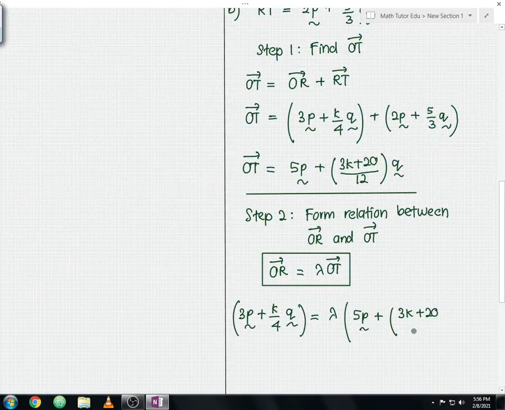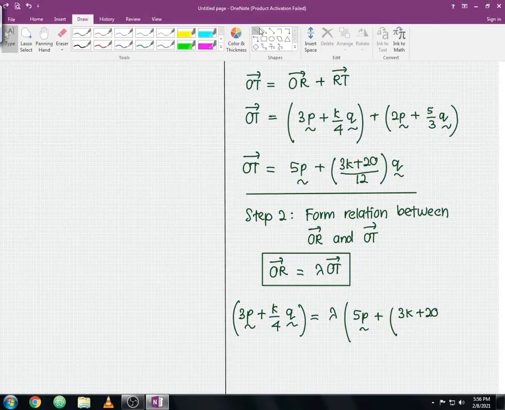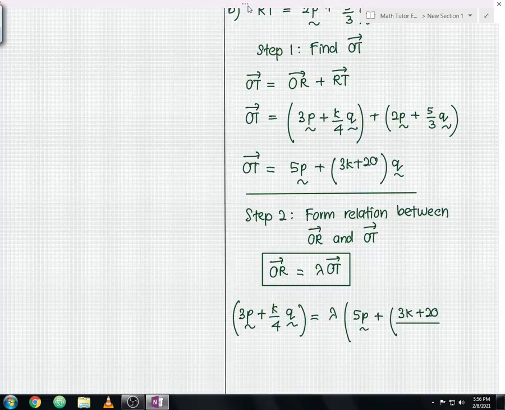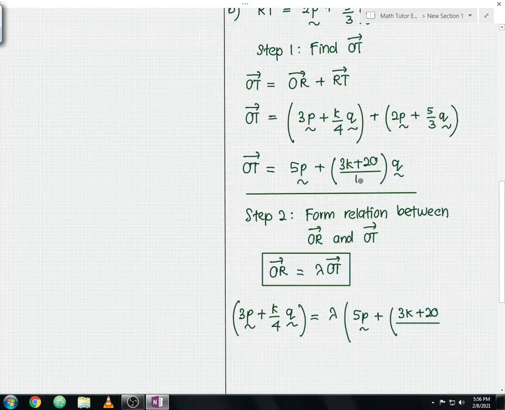Okay, let me underline the fraction. Okay, let me erase this as well. Okay, over 12, close bracket q. Close bracket.